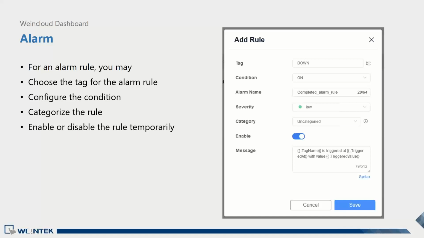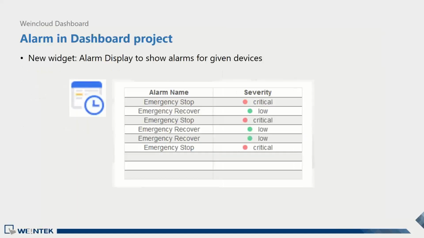We need to assign the tag and trigger condition, alarm name, alarm messages, and so on. After setting up the alarm rule, we can show the alarm on the dashboard by a new widget. It's called Alarm Display. In this widget, we are able to select which HMI alarm and which messages should be shown.